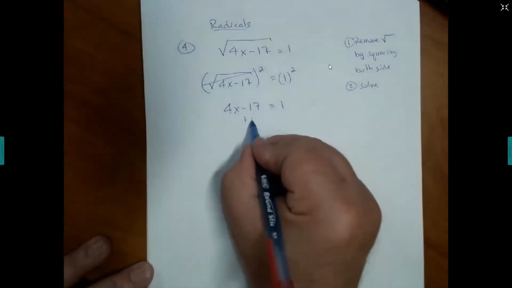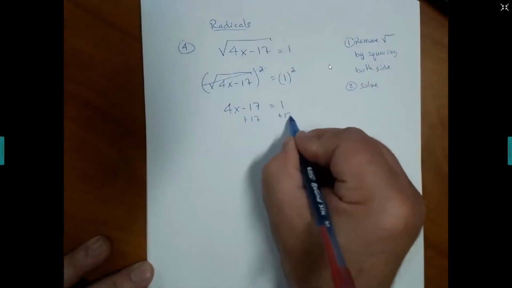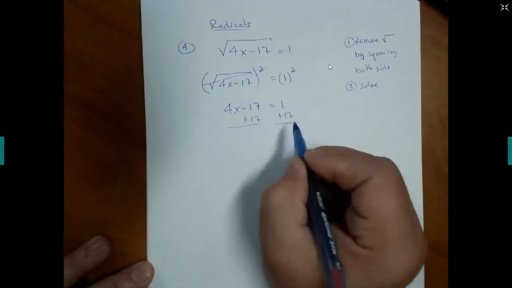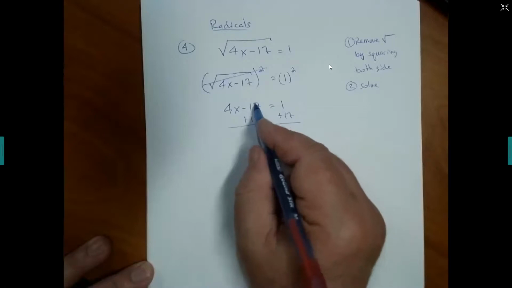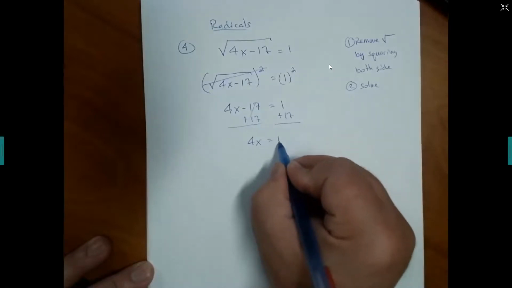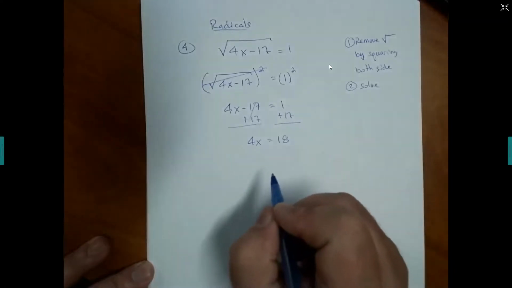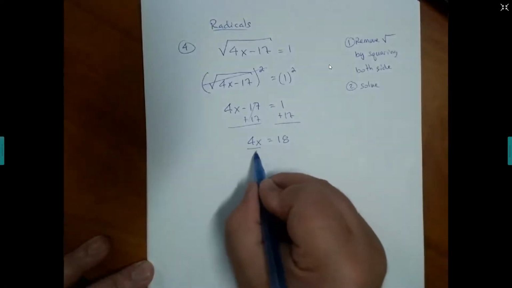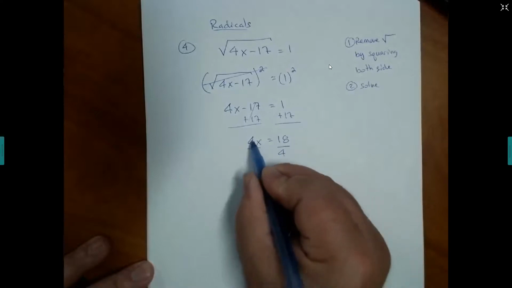So add 17 to both sides. 17 plus 1 is 18. And divide by 4.